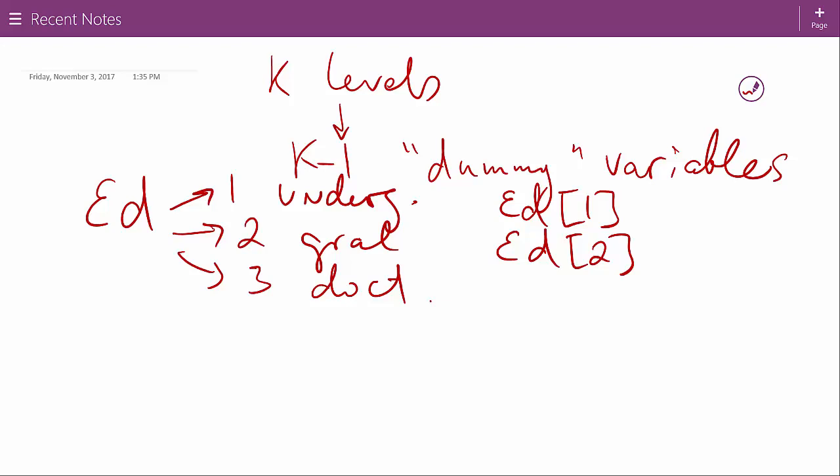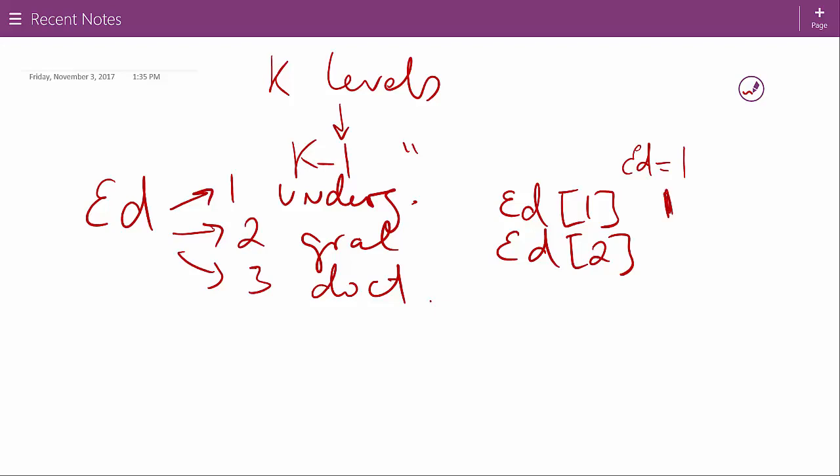So here's basically a reminder of how I handle that. If education equals 1 for an incoming customer, my add 1 equals 1 and my add 2 equals 0. If the incoming person has a master's degree, I encode him as 2: add 1 equals 0 and add 2 equals 1.